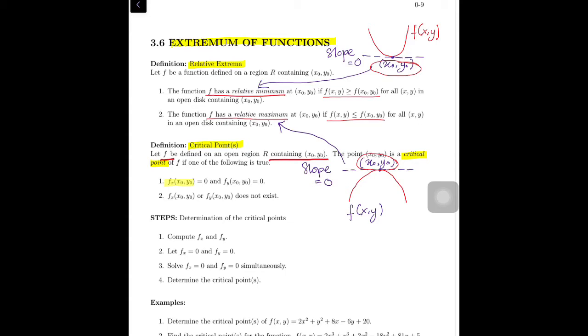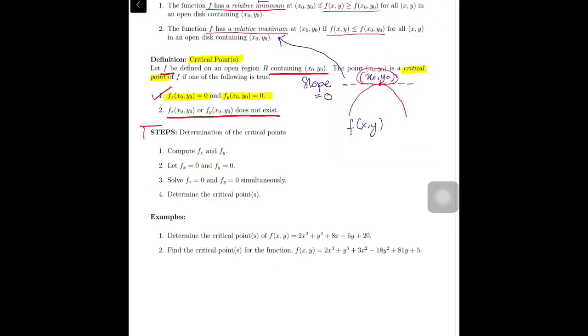The first one, fx(x naught, y naught) equals 0 and fy(x naught, y naught) equals 0. And the second one, fx(x naught, y naught) or fy(x naught, y naught) does not exist. But for this topic, I only focus on number 1.